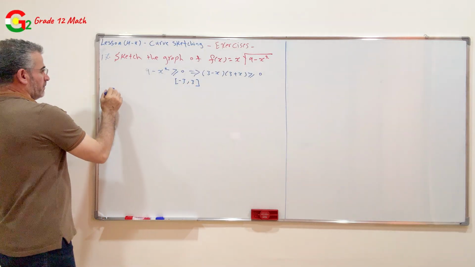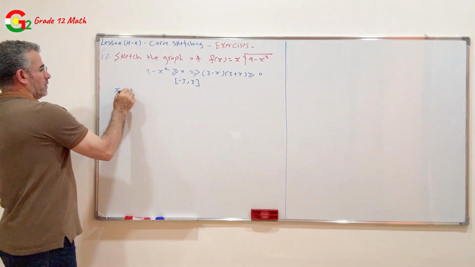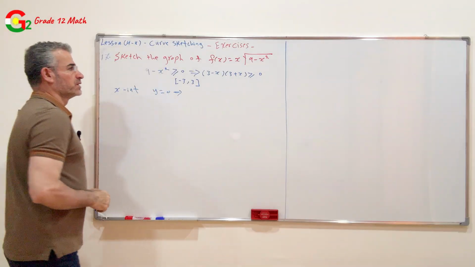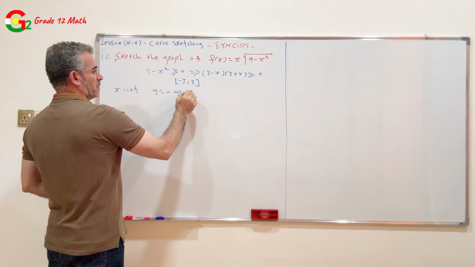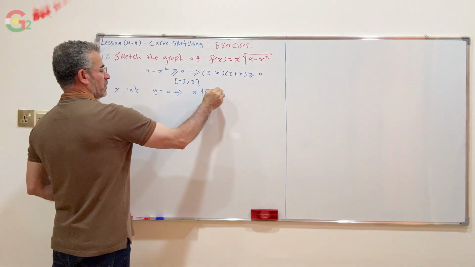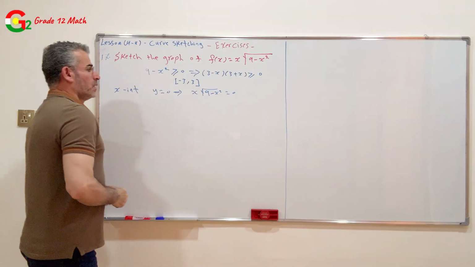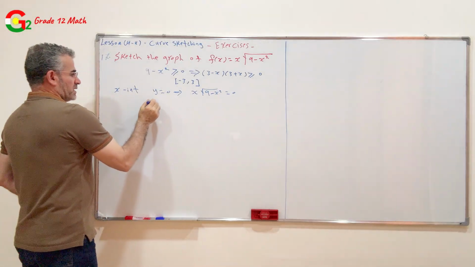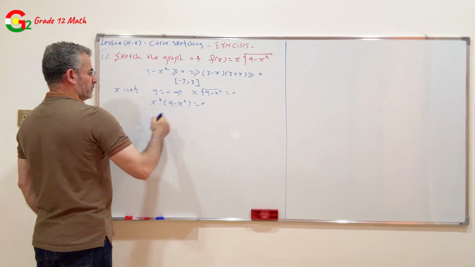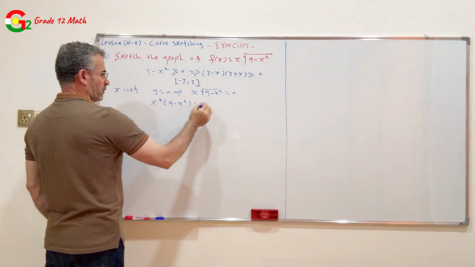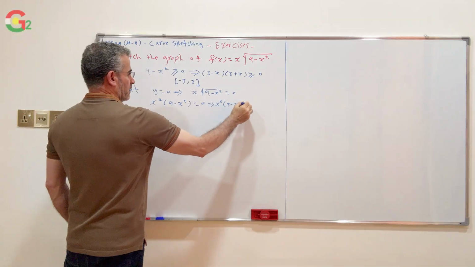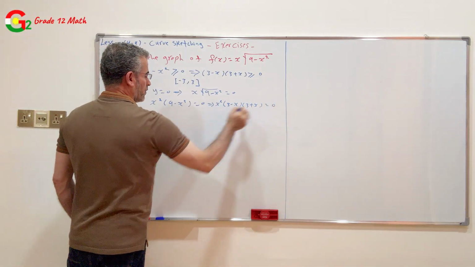For the x-intercept, we set y equals 0, then solve the equation for x. Therefore, x times the square root of 9 minus x to the power 2 equals 0. Square both sides, x to the power 2 times (9 minus x to the power 2) equals 0. Factorize the difference of two squares, then x to the power 2 (3 minus x)(3 plus x) equals 0.